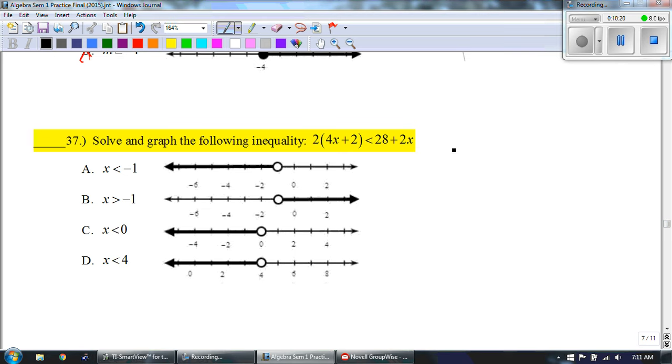Okay, so I'm just going to rewrite it over here: 4 times (2x plus 1) less than 28 plus 2x. On the left side we have to distribute. We get 8x plus 4 is less than 28 plus 2x. I want to move the smaller variable.